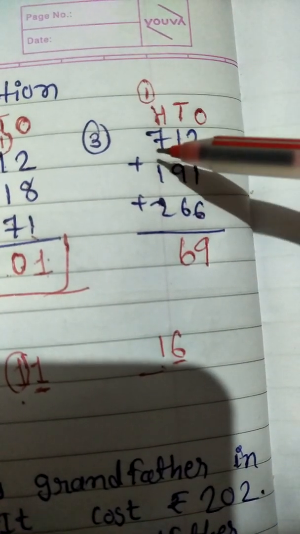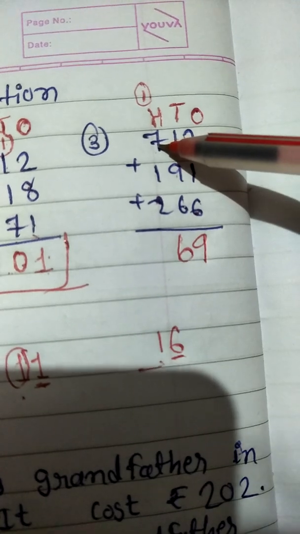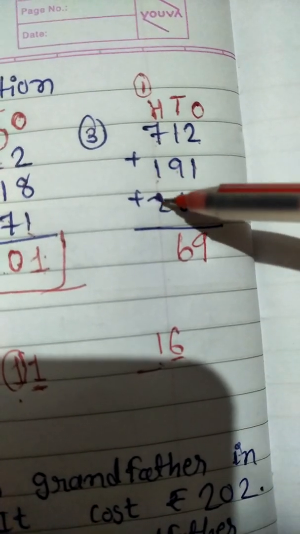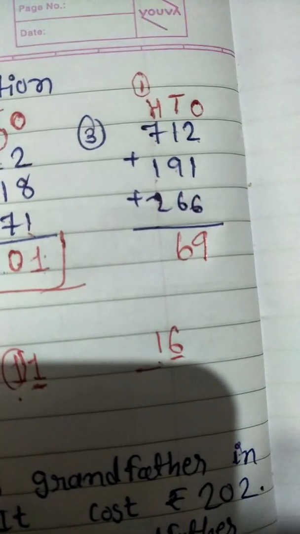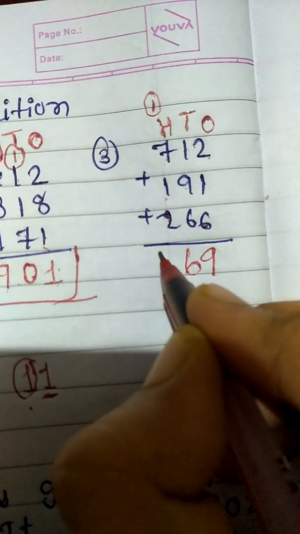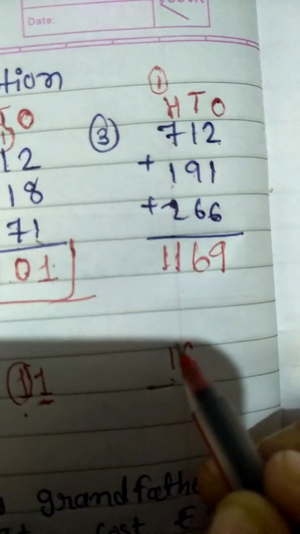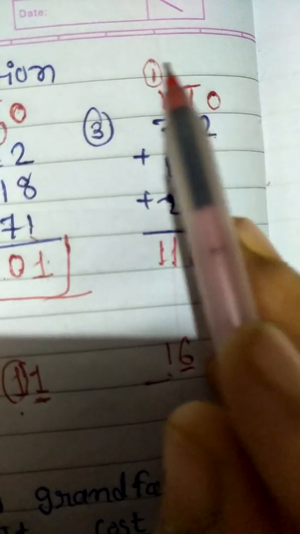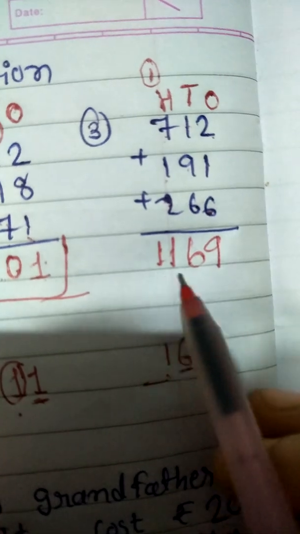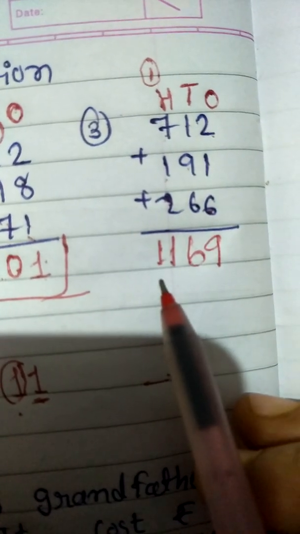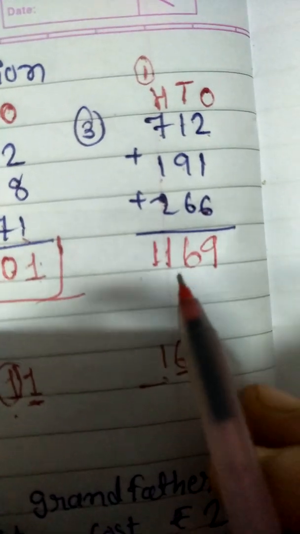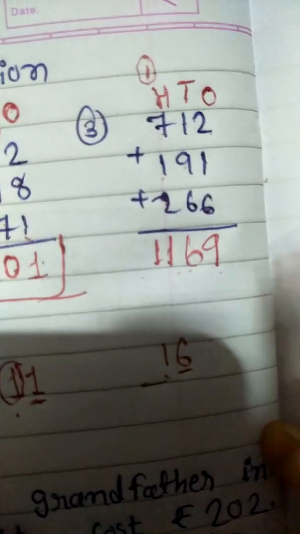So now 1 plus 7, 8, 8 plus 1, 9, 9 plus 2, 11. So it is 11. There is no number line over here, so we cannot carry further. So we have to write 11 here only. Now my final answer is 1169.